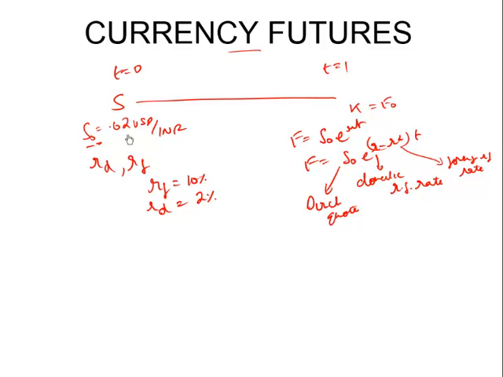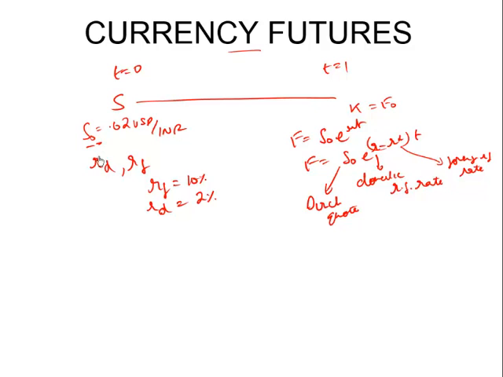If the currency rate did not change, then the arbitrage is simply to borrow in the US at 2% and invest in India at 10%, and you can again repatriate the money because the exchange rate is going to be the same. Now the forward rate is decided such that this arbitrage opportunity does not exist.